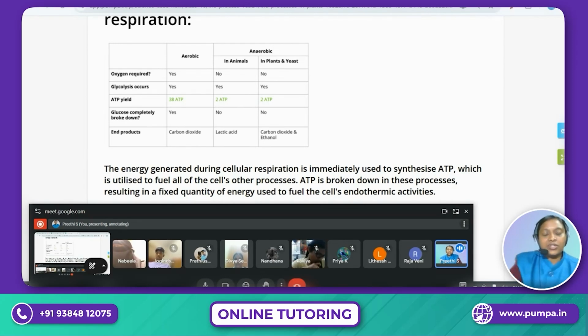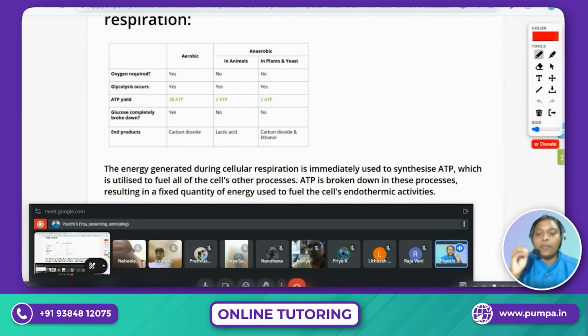Without oxygen, can we burn anything? No, right? Here also, the energy comes from the glucose, from the food. Carbohydrates are called energy giving food.